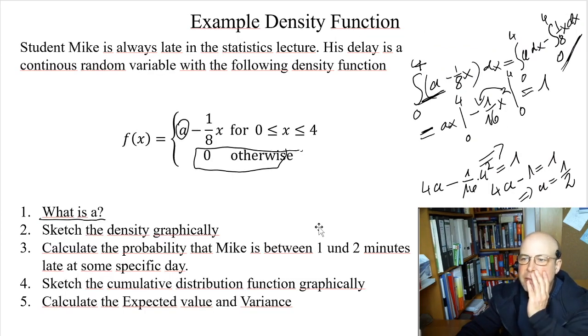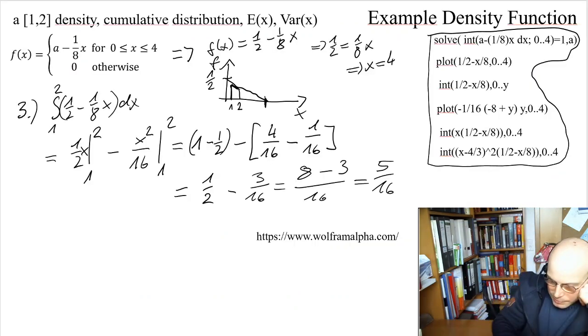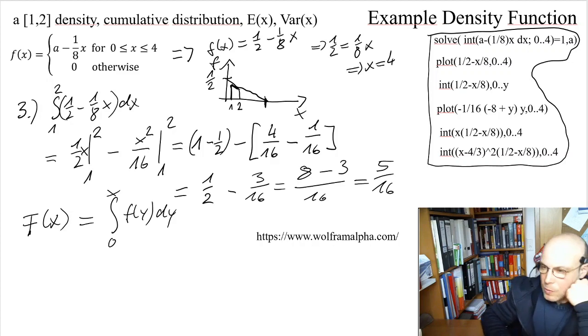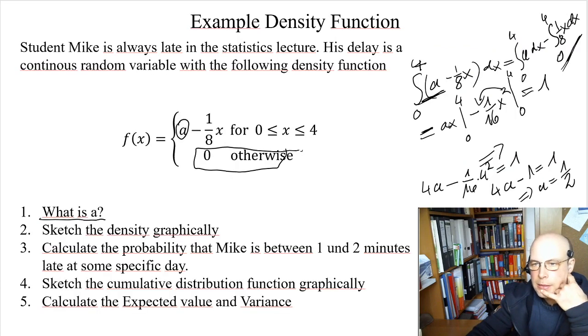So what else did I have? Sketch cumulative distribution. I think this we can leave out at this part. Cumulative distribution meant just that we have F of x equals the integral from 1 to x of f of y dy. This is also the same integration we already have done here. And what else?